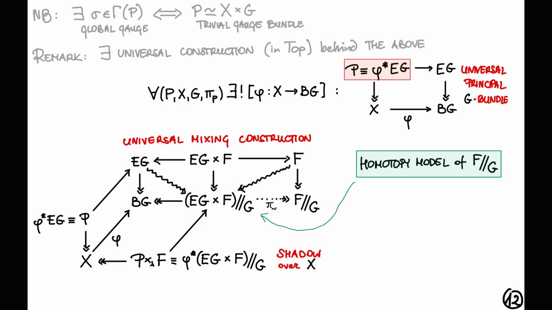And now comes the miracle, EG is contractible, which means that the topology of the universal associated bundle is the same as that of the quotient, which is why we call it the homotopy model of the orbit space.